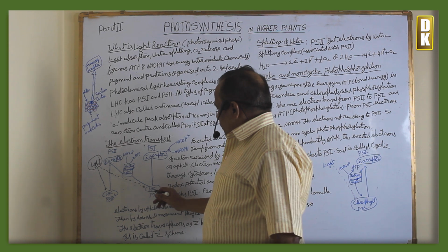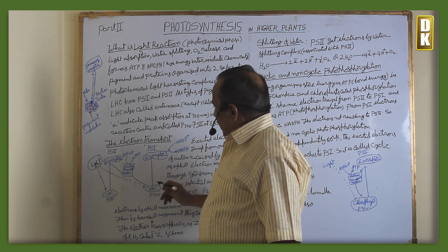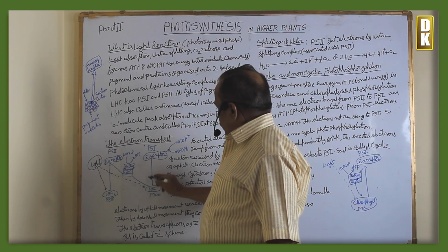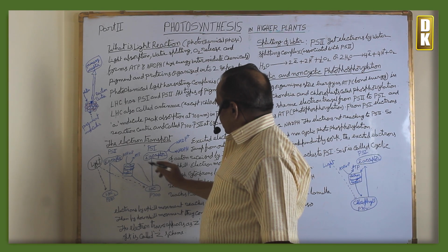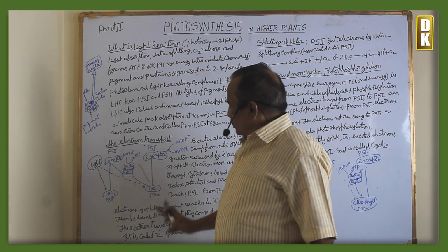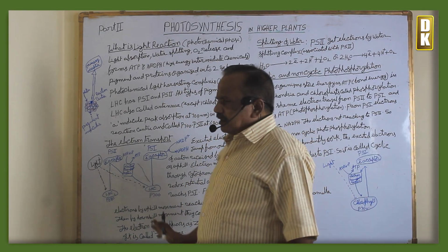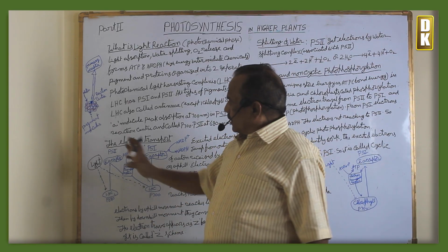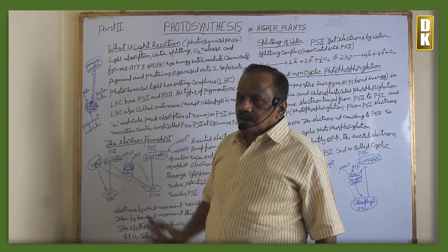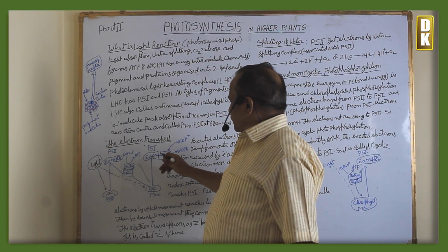And now the electrons have reached photosystem 1. By this time photosystem 1 also receives light and is excited, so it also sends out electrons from the reaction center, and here also the electron is captured by the electron acceptor.